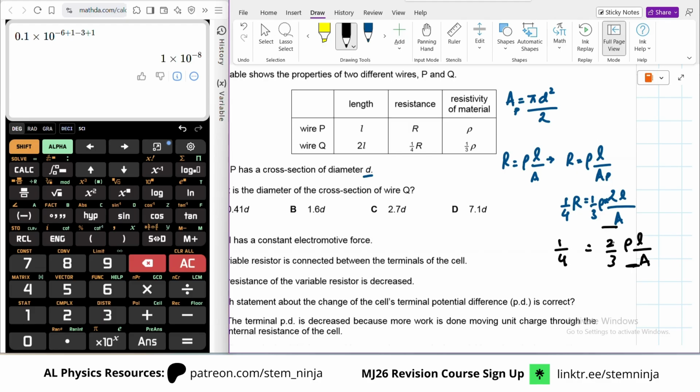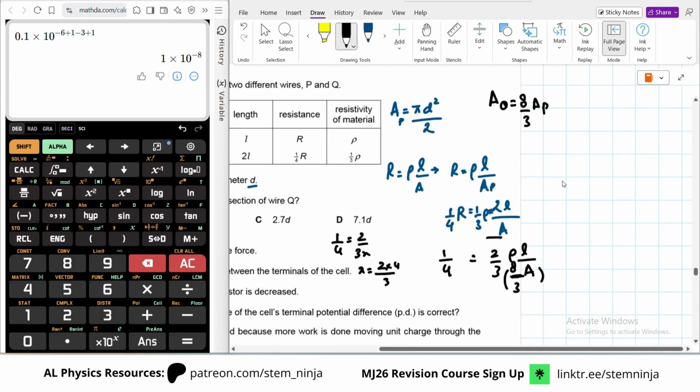So if we want 1 over 4, we can do simple math: 2 over 3 times x, so x is just cross multiplied. 2 times 4 over 3, 8 over 3. So AQ is 8/3 of the area of P.